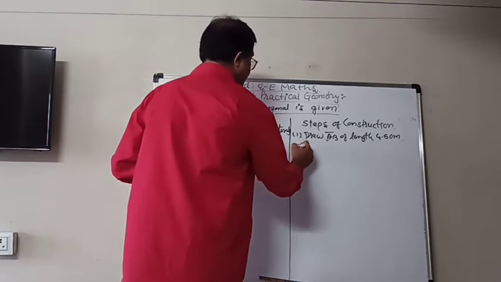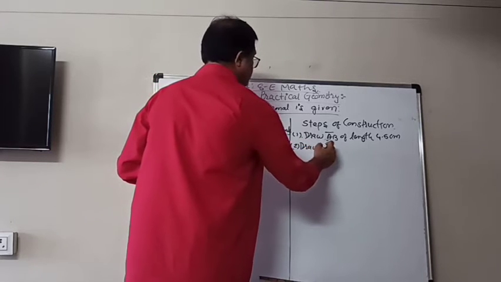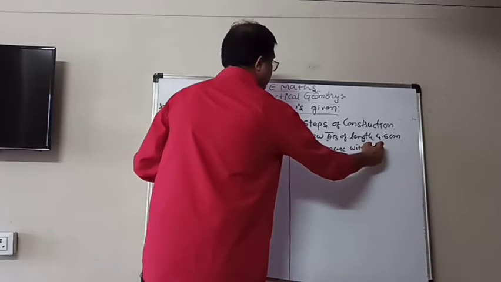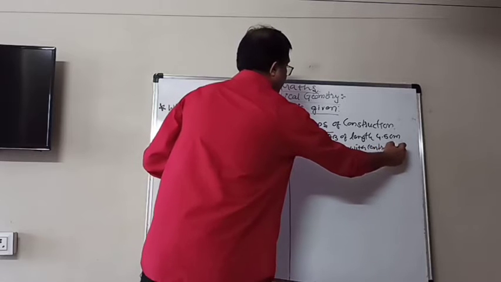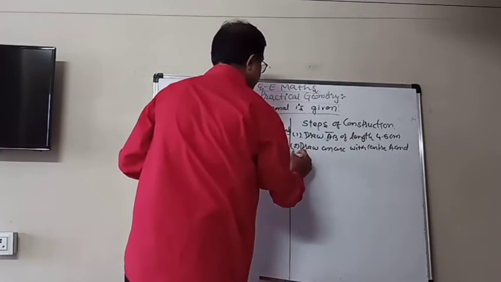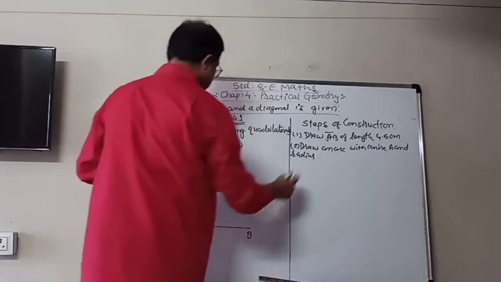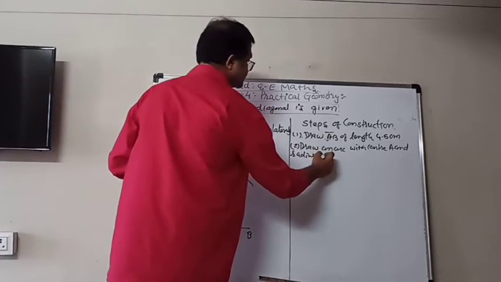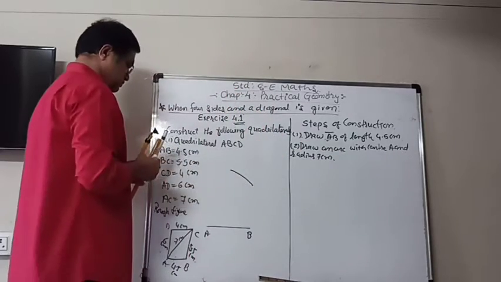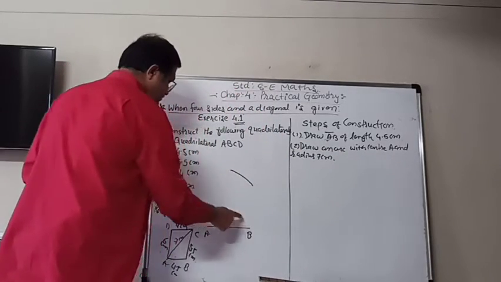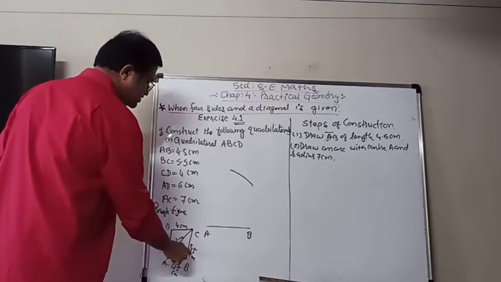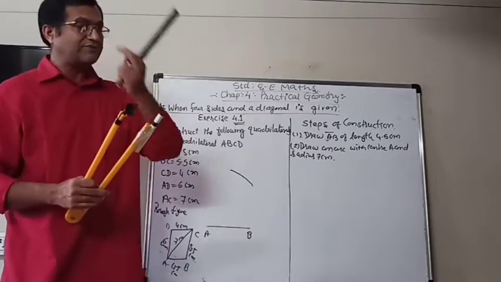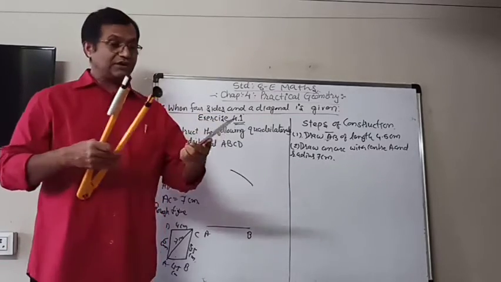So second step: draw an arc with center A and radius 7 centimeter. Now from B we have to draw another arc which is 5.5 centimeter. So for me it will be 5.5 times 4, 22 centimeter.